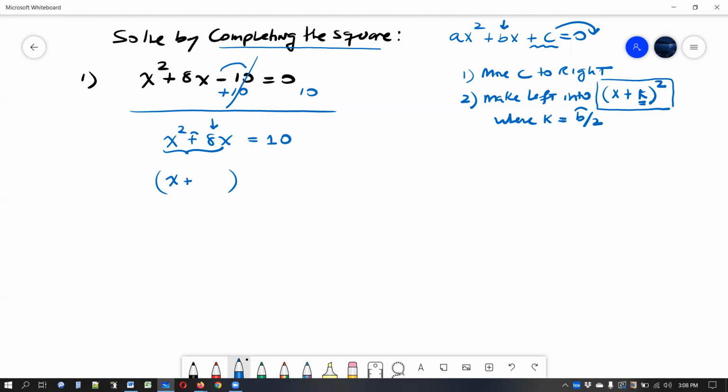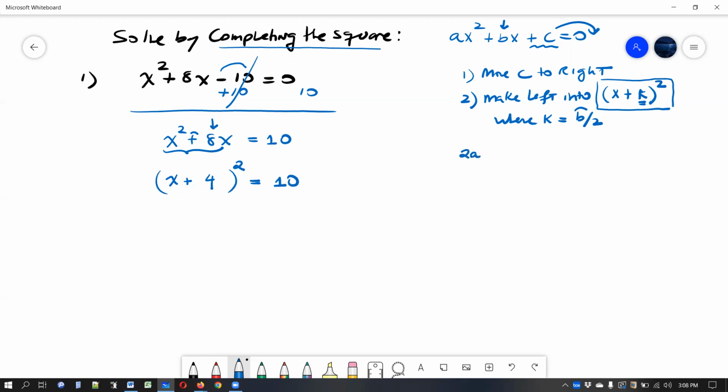But in here, I need half of this, right? According to my formula over here, b over 2. 8 over 2, 4. And here's my square, equals 10. Okay, so this is the second part.